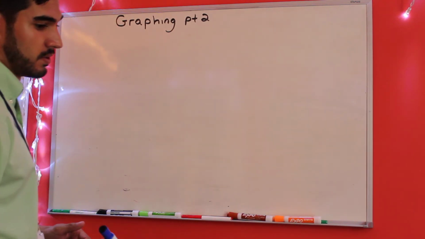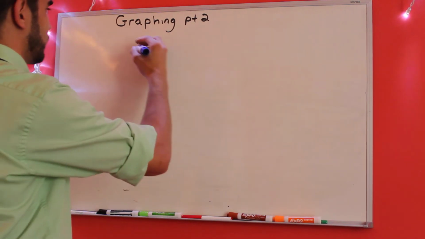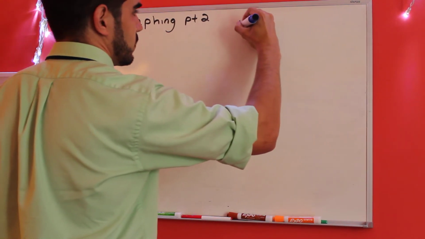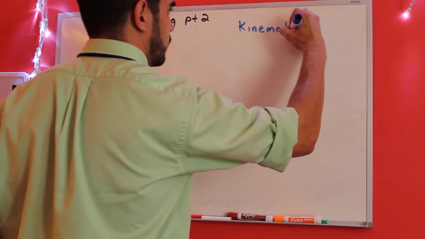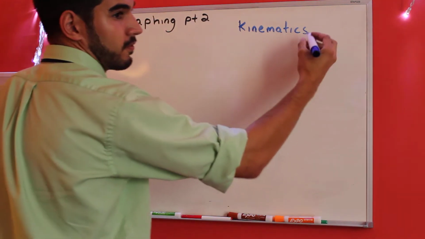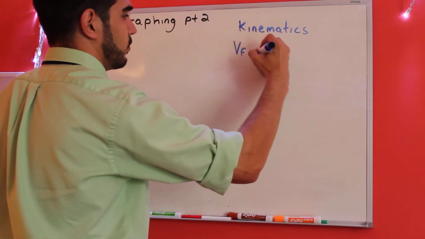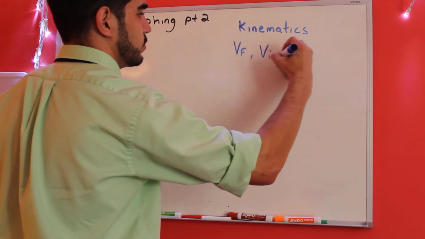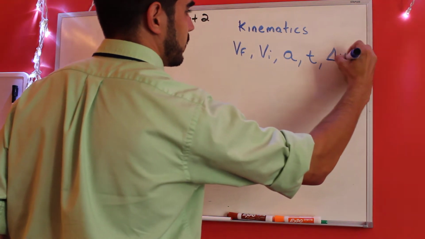In any case, we know that we can get displacement using our kinematics. We can use our kinematics to solve for these variables: velocity final, velocity initial, acceleration, time, and displacement.